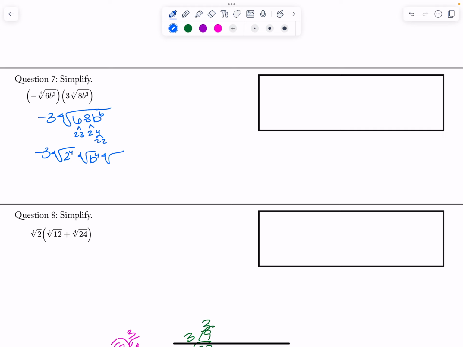I'm left with 2 more b's that I don't have, and a 3. So this gives me -3 times 2 times b, and a 4th root of 3b squared. So -6b 4th root of 3b squared.